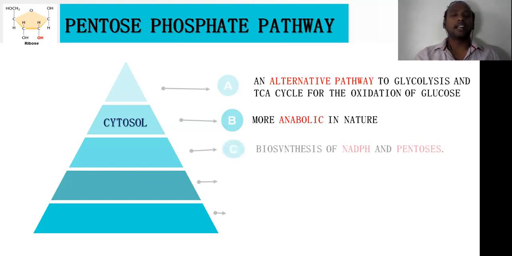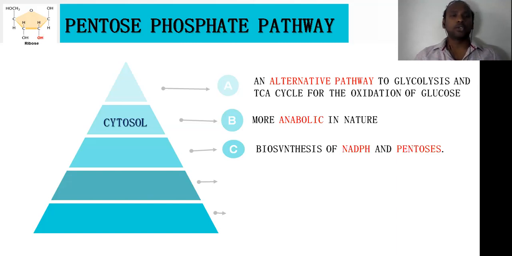Now take the byproducts, or intermediate products, of the pentose phosphate pathway. There are majorly two products: NADPH, and second, pentoses.